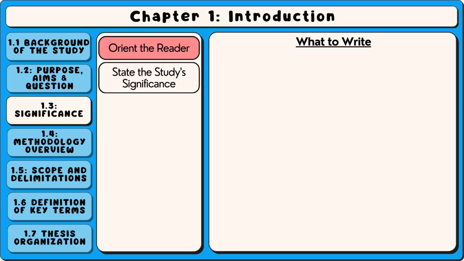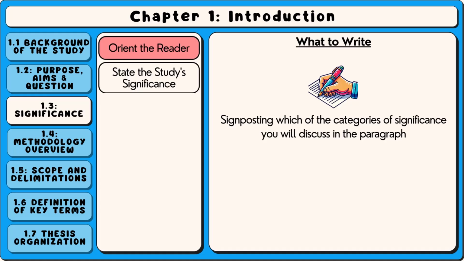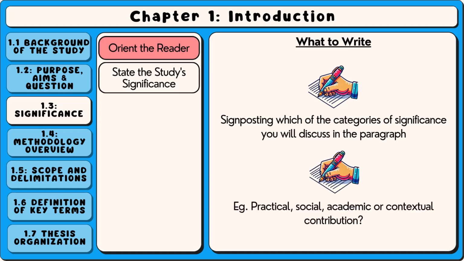First, you should orient the reader to the section. And secondly, you should outline the study's significance with reference to one or more of the 4 previously mentioned categories of significance. Starting with orienting the reader, you would want to signpost which of these categories of significance we'll discuss in the paragraph, such as practical, social, academic, or contextual contributions.